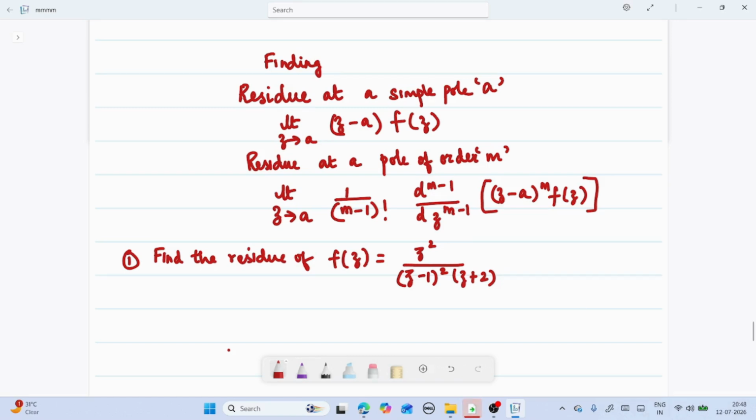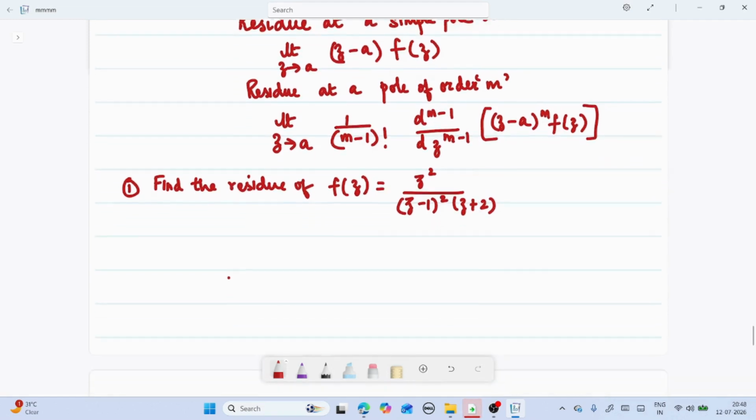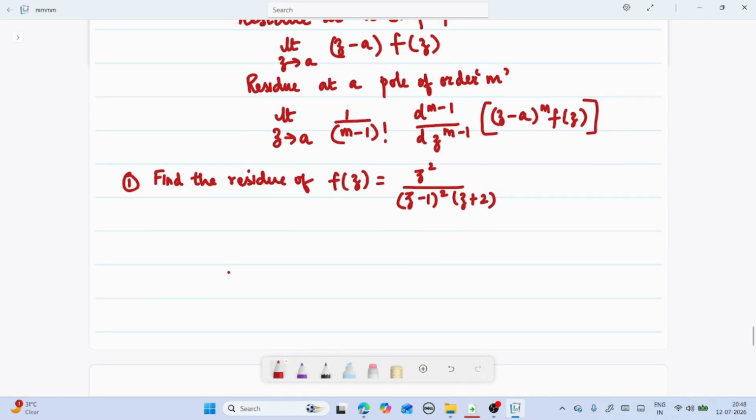Now let us look into this problem. Find the residue of f of z is equal to z square by z minus 1 the whole square into z plus 2. Now I want you to find the poles for it. There are 2 poles. One is a pole of order 1 and the other is a pole of order 2.